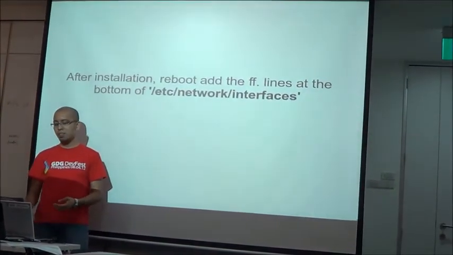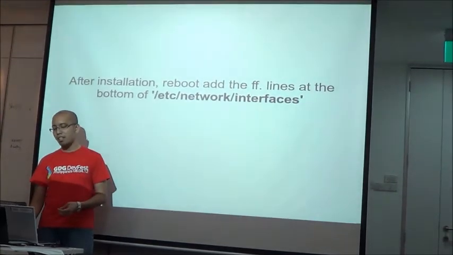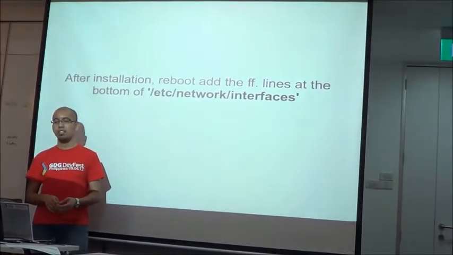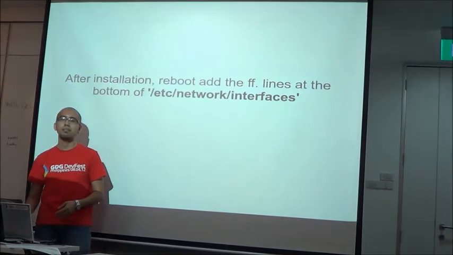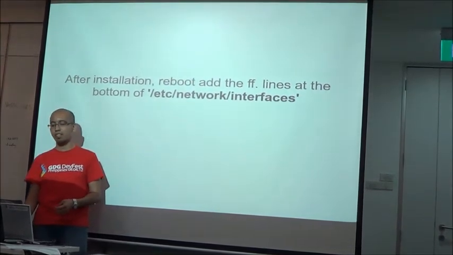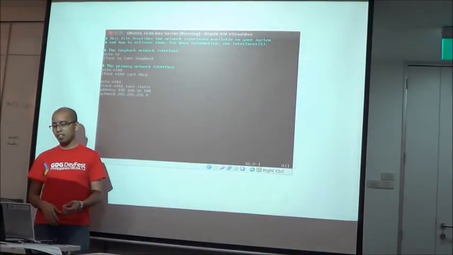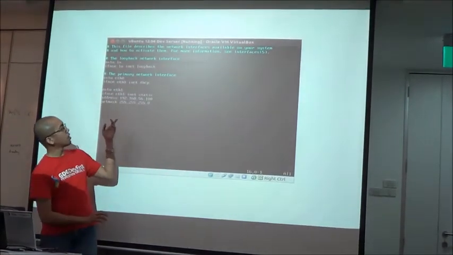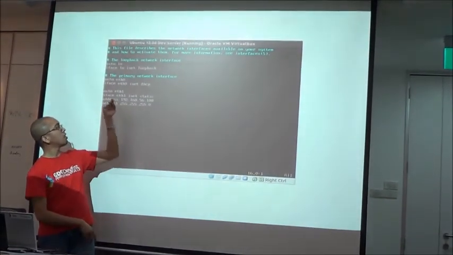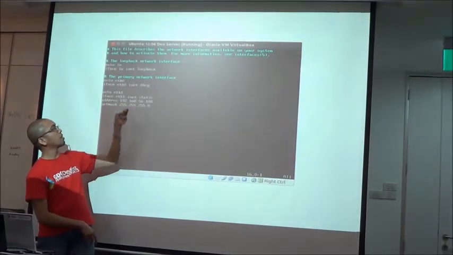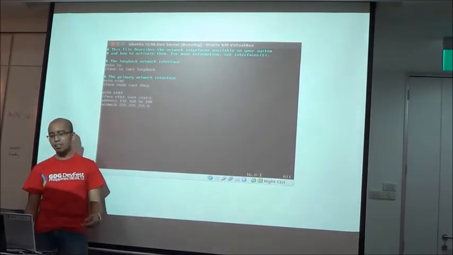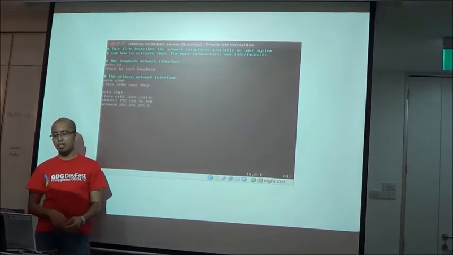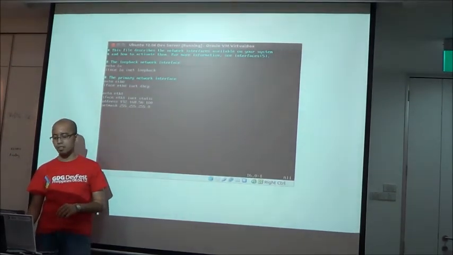Then after installation, reboot, and add the following lines at the bottom of /etc/network/interfaces. You're probably going to be accessing that through the command line. You're practically adding these lines here so that Ubuntu will be able to identify that you have a second network adapter.